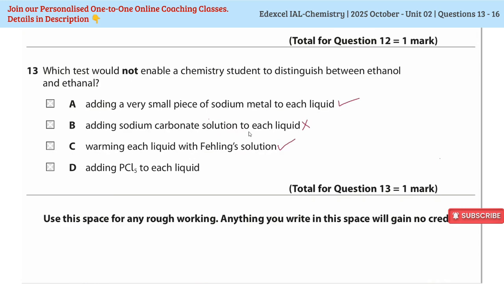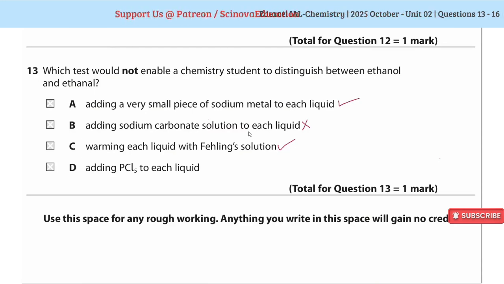Adding PCl5 to each liquid, both are reacting but in different ways. Ethanol gives out HCl, which can be identified using ammonia and the characteristic smell. Therefore, the answer would be option B.